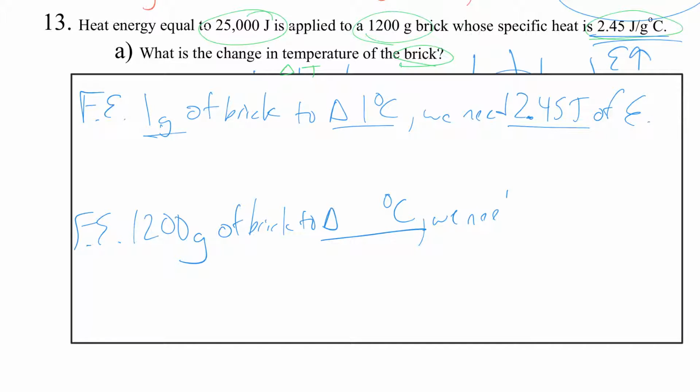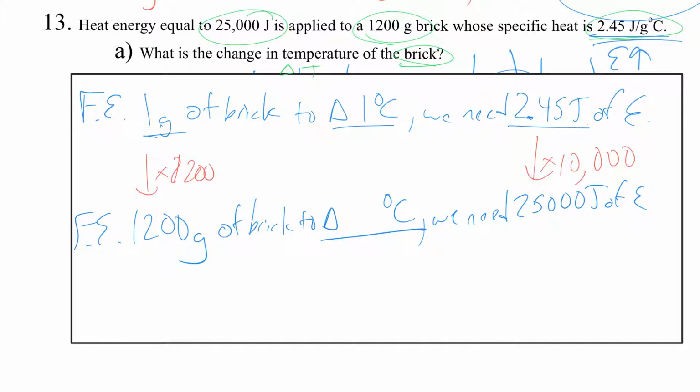We need, and this time I got 25,000 joules of energy. All right, so I'm going from here to here. I got times 1,200. And I got from here to here, it's times about 10,000.